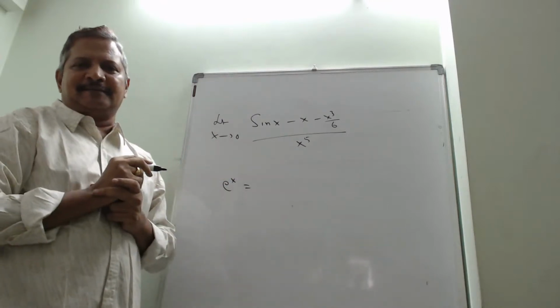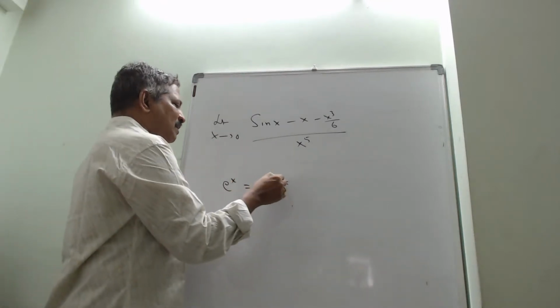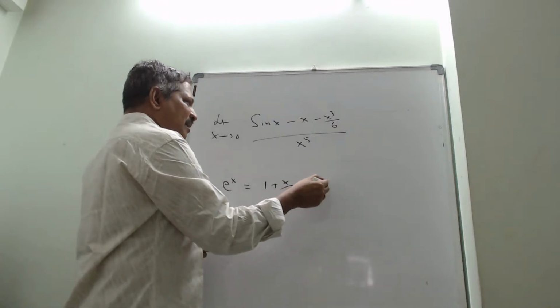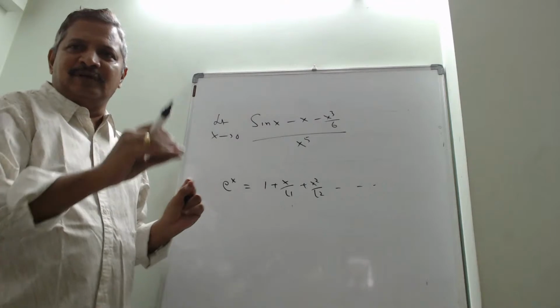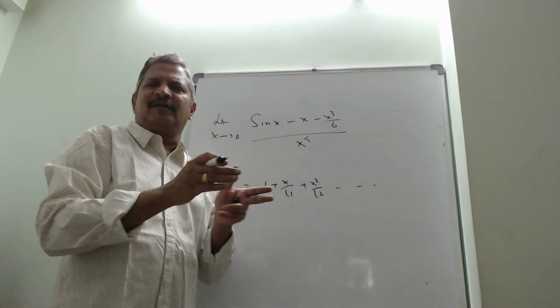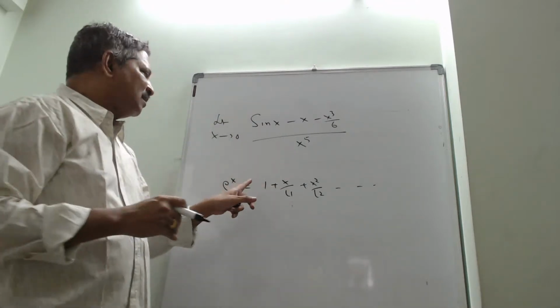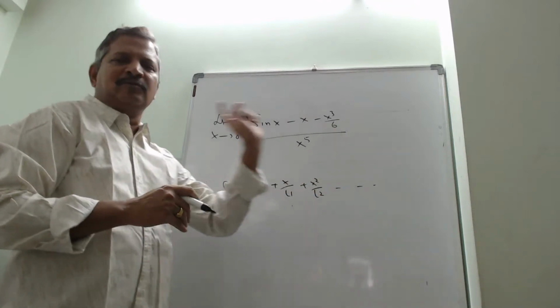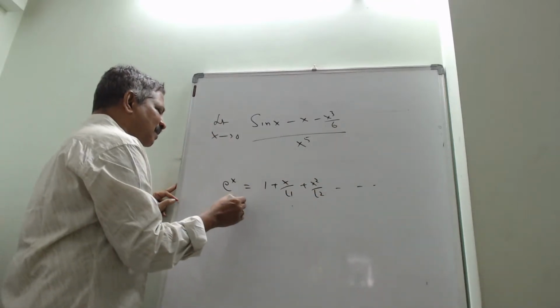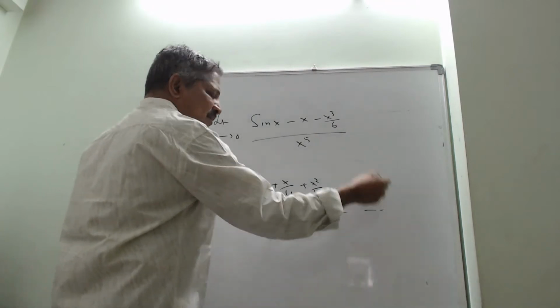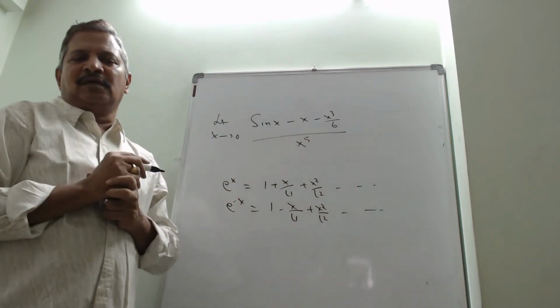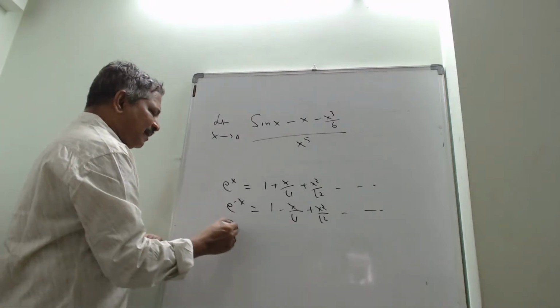e power x is nothing but 1 plus x by 1 factorial plus x square by 2 factorial, etc. One of the methods I am doing first is the series method. Different methods are there. One is by expanding in series. Whereas e power minus x is 1 minus x by 1 factorial plus x square by 2 factorial, etc. Next, the sin x formula.